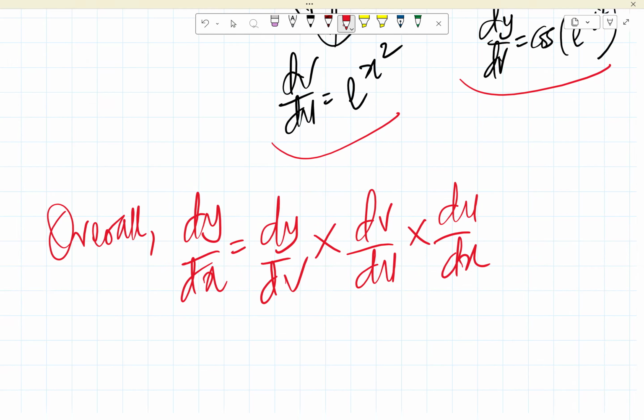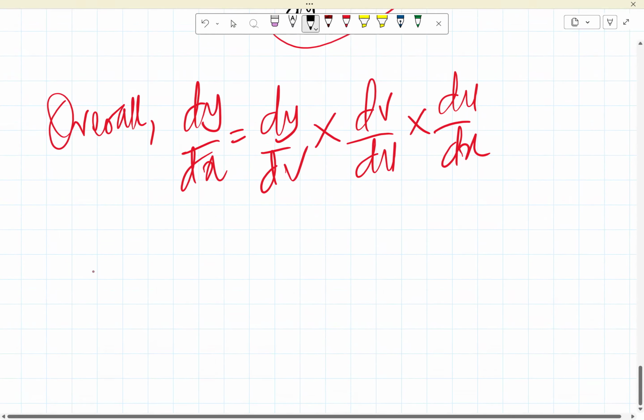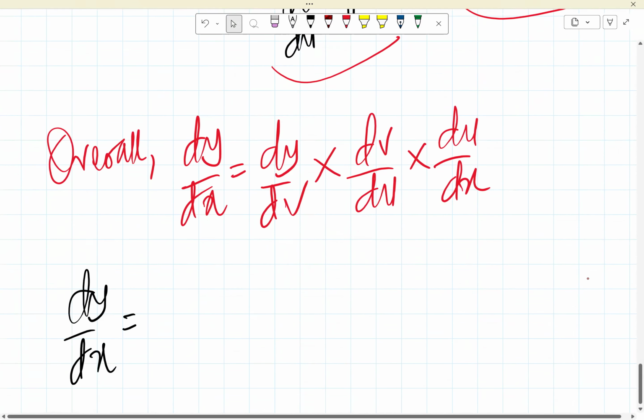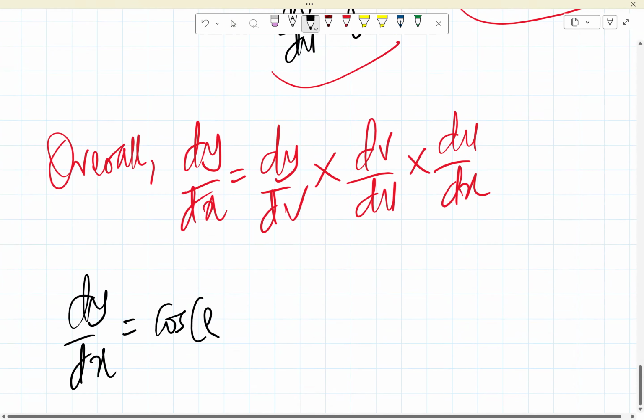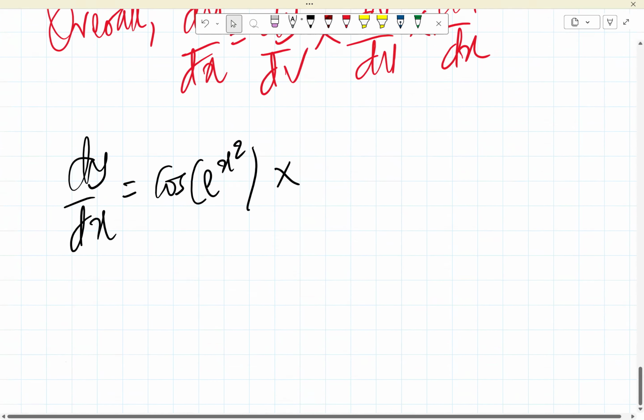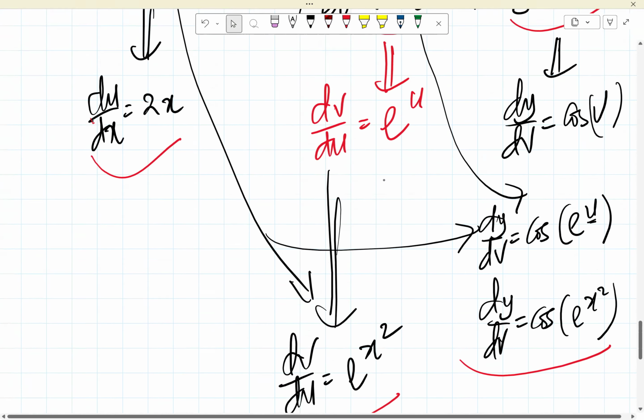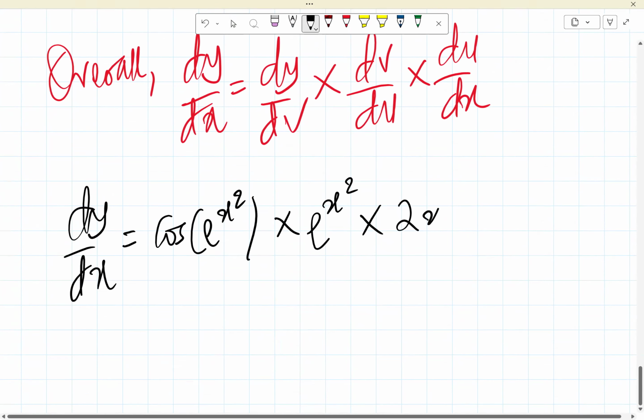So having stated it that way, we can finalize by saying dy dx is equal to dy dv, which is cos e raised power x squared, times dv du, which is e raised power x squared, times du dx, which is 2x.